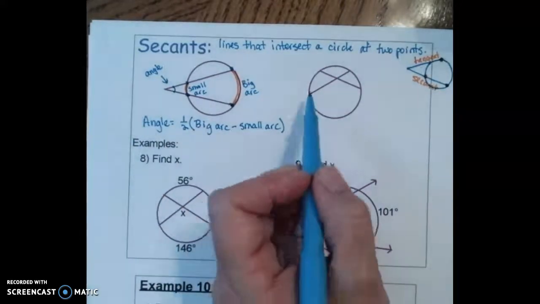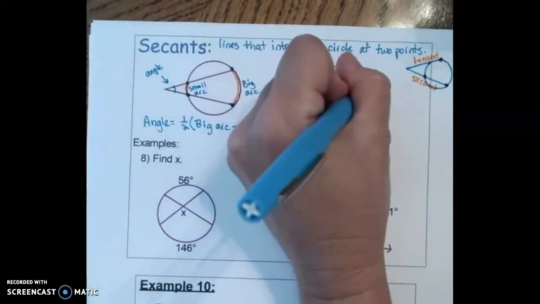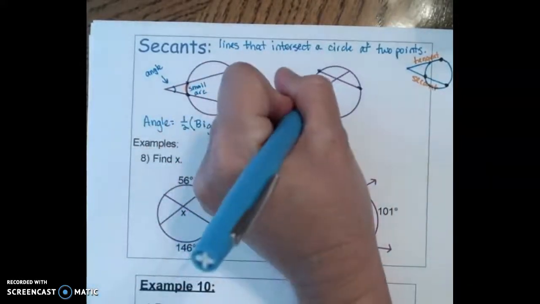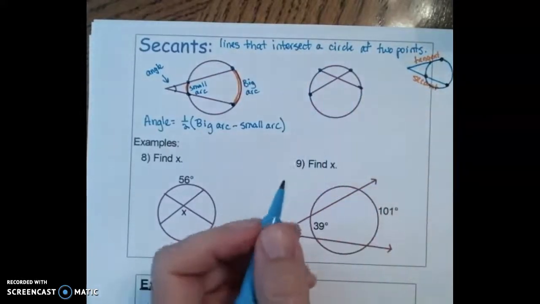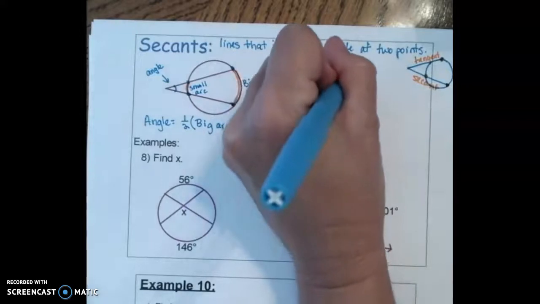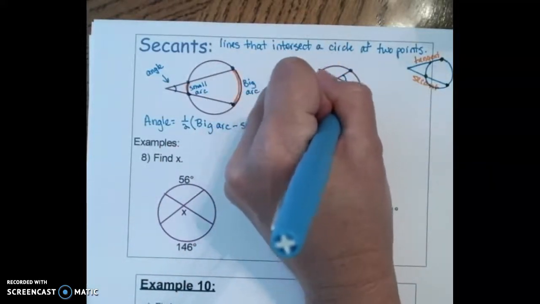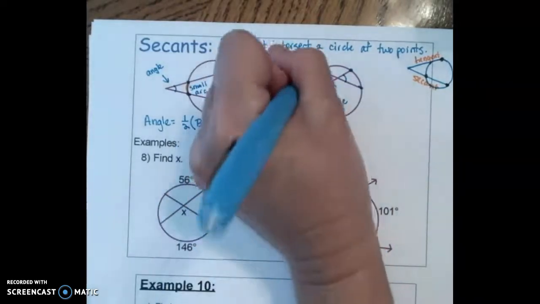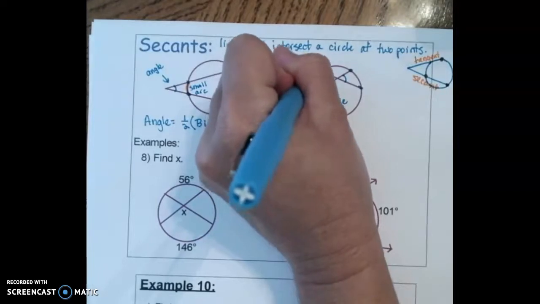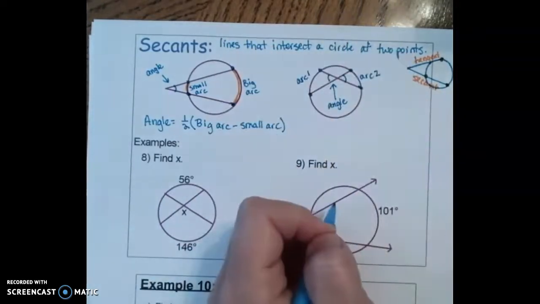Then you have an example of where two secants, so again, touches the circle twice, same thing there, creates angles on the inside of your circle. So in this case, we're looking for the angles on the inside. So you're going to look at the two intercepting arcs. So I've got arc 1 and arc 2.